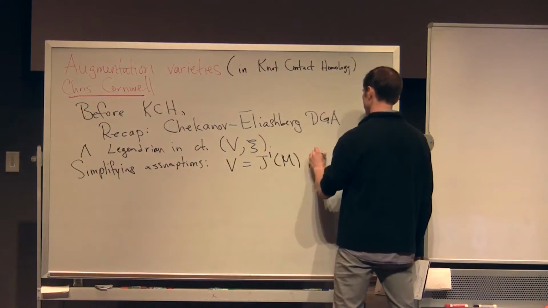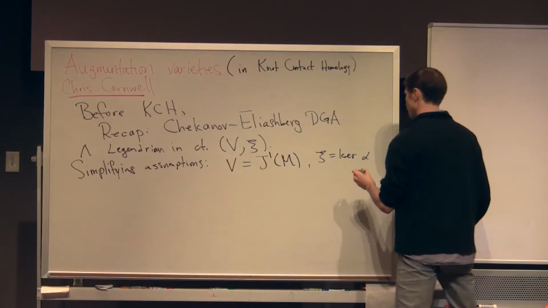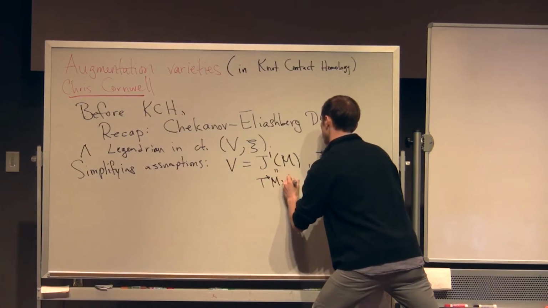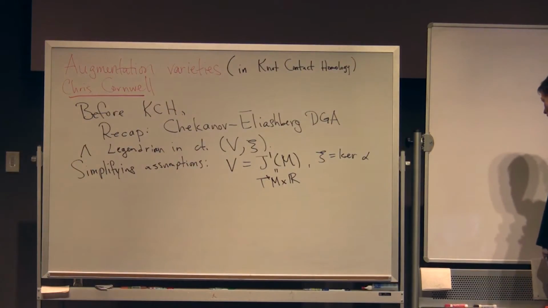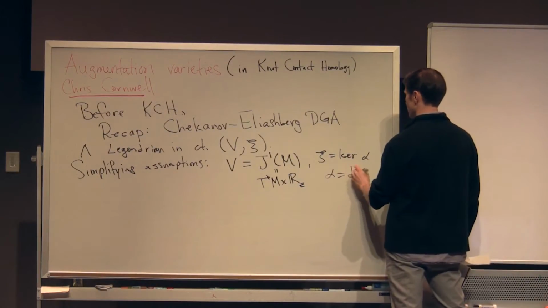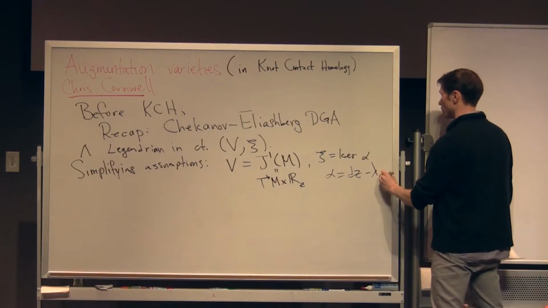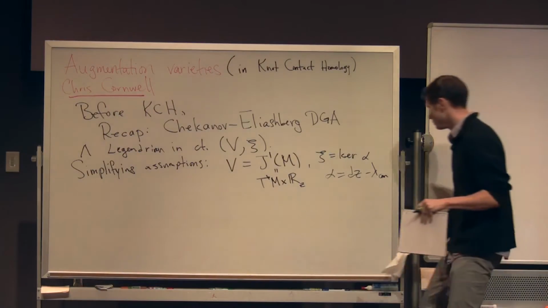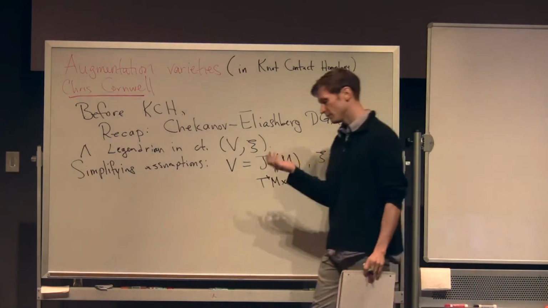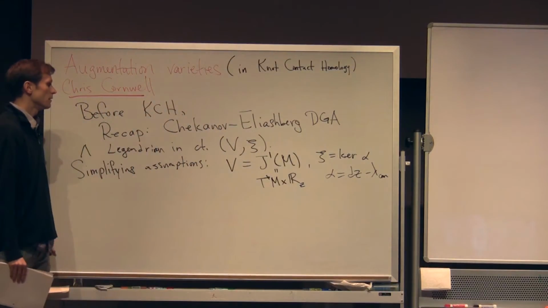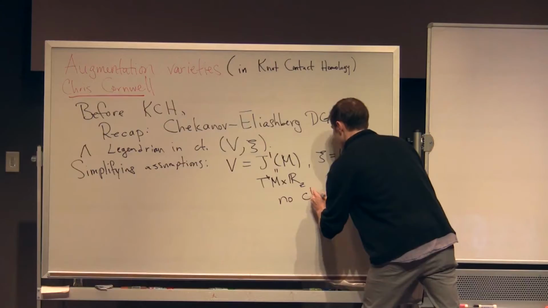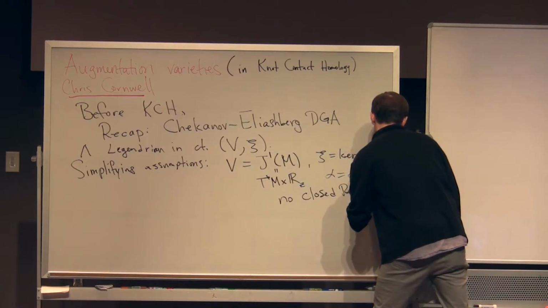My contact structure is the kernel of a contact form alpha, where the one-jet space of M is identified with the cotangent bundle of M cross R, say where that's a z coordinate, and I can take alpha to be dz minus the tautological one-form on the cotangent bundle of M. So what this ends up meaning is that the Reeb vector field associated to this one-form is just in the z direction, and so we end up getting no closed Reeb orbits.